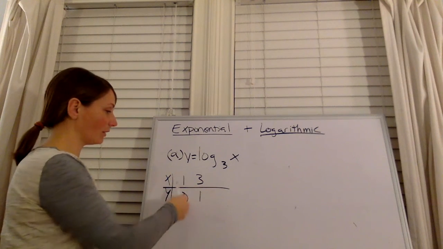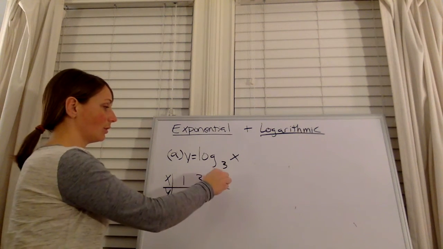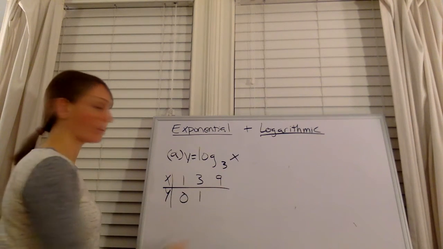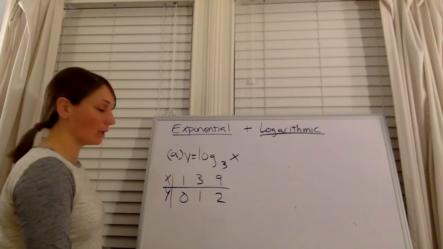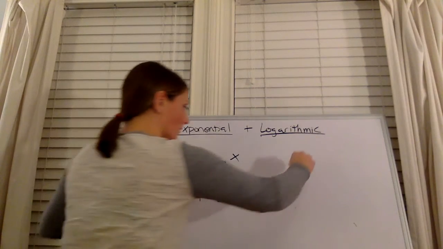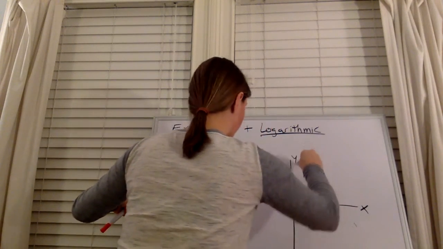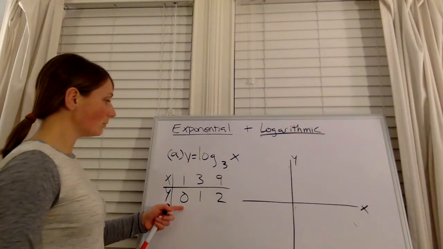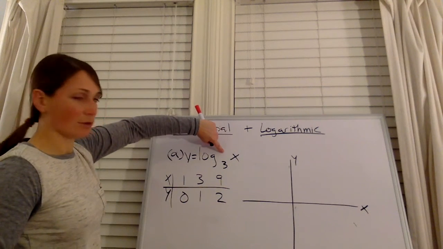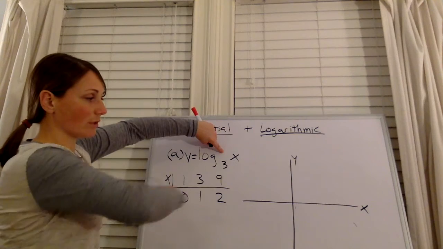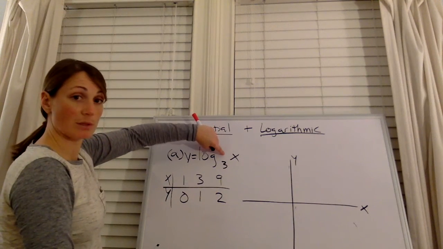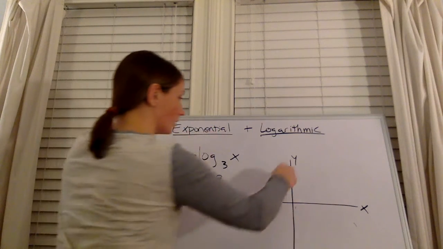So we should get the hang of this. Another good x input to use is 9. 3 to what power equals 9? 2. So I start to get the hang of what this is going to look like. Now, the inverse function 3 to the x is going to have a horizontal asymptote at 0. So this one is going to have a vertical asymptote at 0.